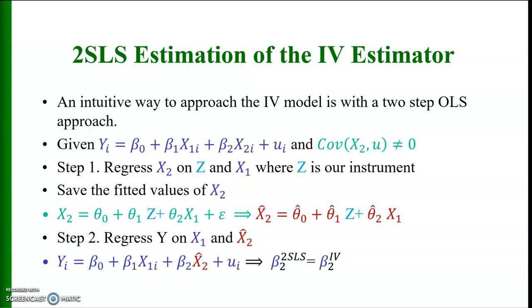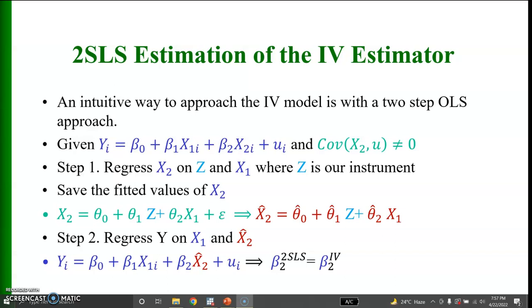An intuitive approach to the instrumental variable model is with a two-step OLS approach. That is, we are using two-step OLS regressions. So let us suppose that our model is given by yi is equal to beta naught plus beta 1 x1i plus beta 2 x2i plus ui.